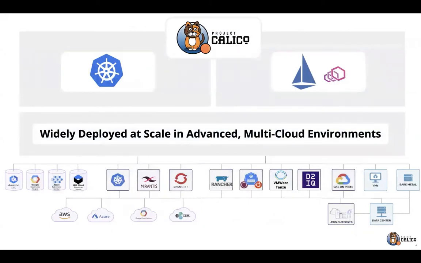So here's another slide which represents the adoption of Calico. On the left-hand side, you can see the managed solutions offered by cloud providers: EKS, GKE, AKS, IKS, as well as just upstream distribution of Kubernetes or package distros like Docker Enterprise by Mirantis or OpenShift by Red Hat.